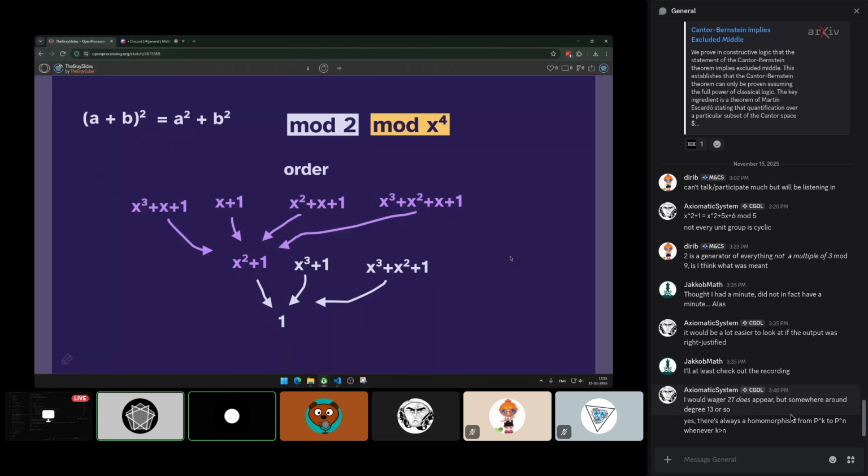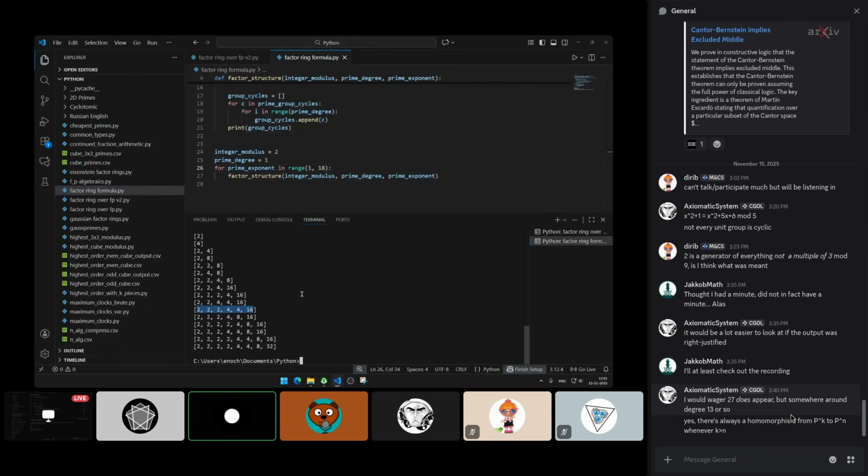Or are you saying of some cycle. Two even cycles. Wait, how do you arrive at that? If we have 4 of those elements and one of them is the multiplicative identity, that means that you have 3 distinct cycles, correct?